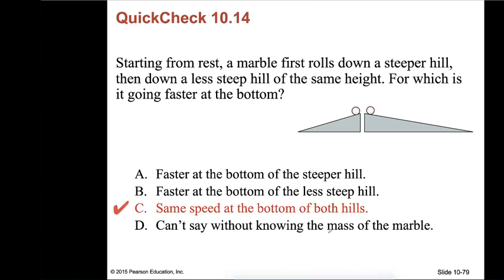The answer is C, the same speed, because at the beginning they have the same amount of total energy, which is gravitational potential energy. And when they reach the lowest position, the gravitational potential energy has been converted into kinetic energy. So they will have the same kinetic energy, then they will have the same speed.